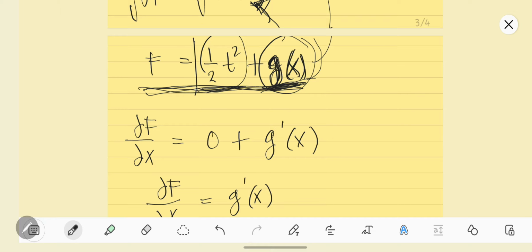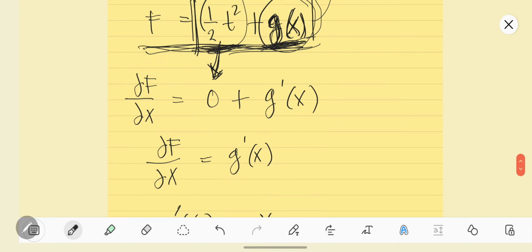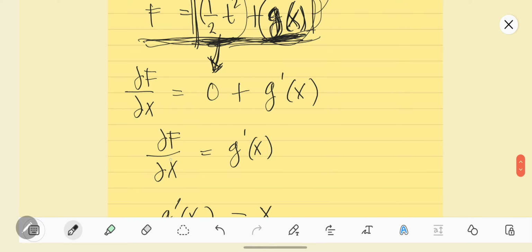Differentiating with respect to x, the partial derivative of 1/2 t squared is 0 because we don't have an x here, so we can consider t squared as a constant, and the derivative of g of x is g prime of x. So the partial derivative of f over dx is equal to g prime of x.